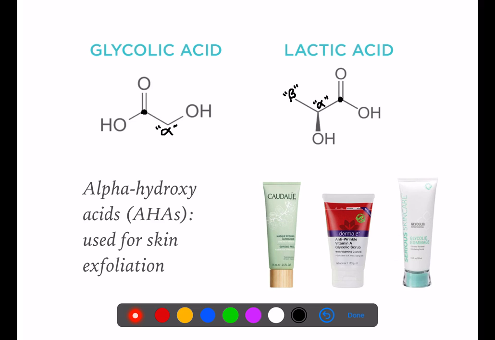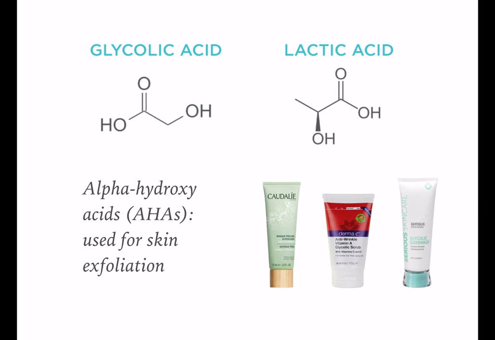So this is an alternative way of numbering the carbon chain. Rather than using 1, 2, 3, we're using these Greek letters alpha and beta. And so alpha hydroxy acids all have an OH on the alpha carbon, and that's what makes them good exfoliators.